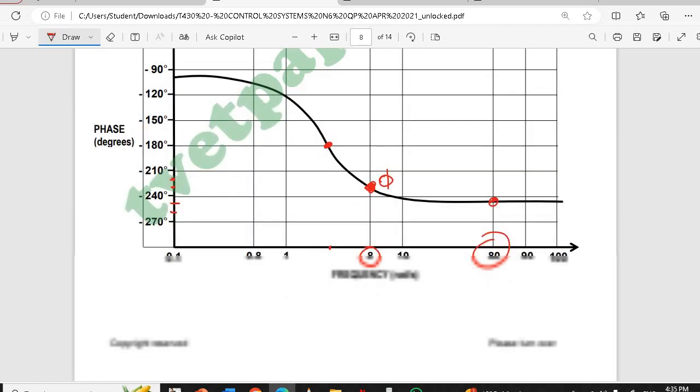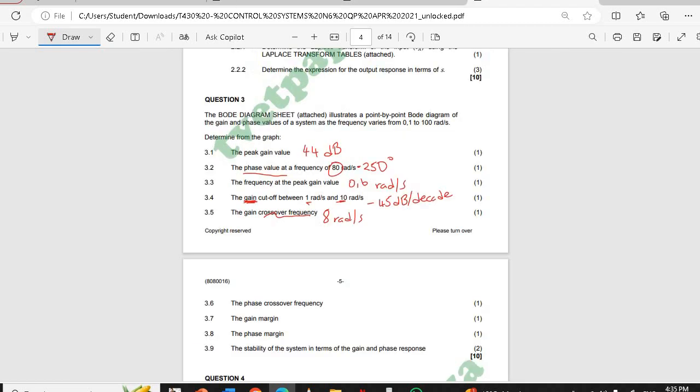Where is minus 180? It's here. What is the frequency there? We said it's between 1 and 8, but it's not exactly 4 because this is not 0, it's 1. So we said maybe we can stick to 4.5. You can say 1 plus 8 divided by 2, that's 4.5, the center. But I'm sure if you say 4, it's not going to be a big deal.